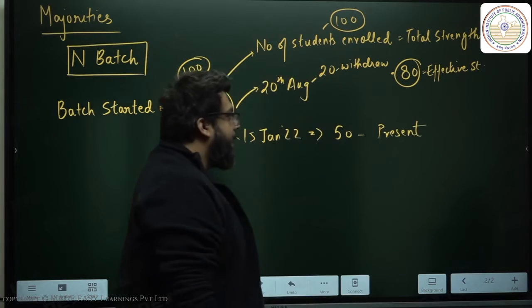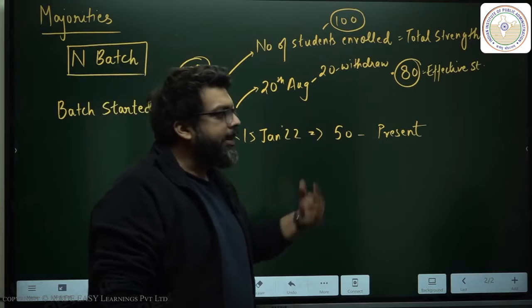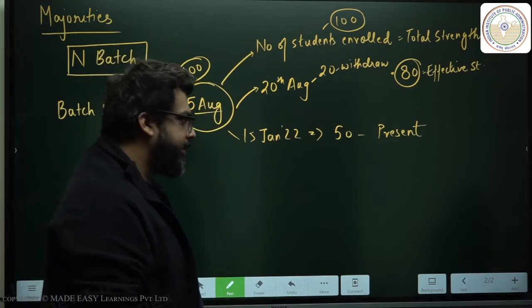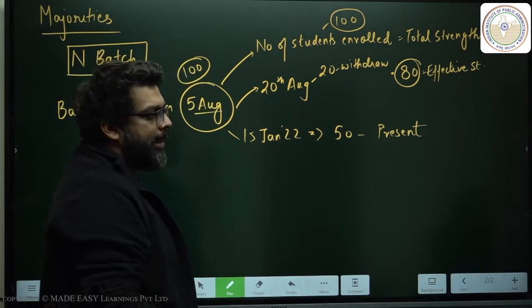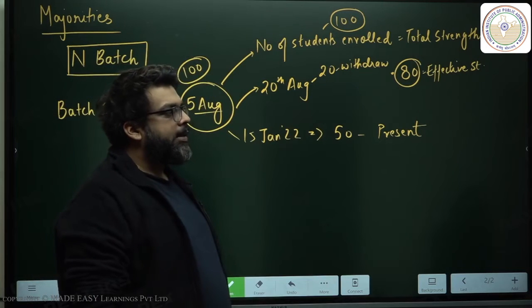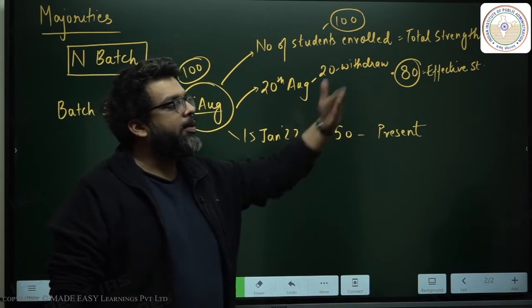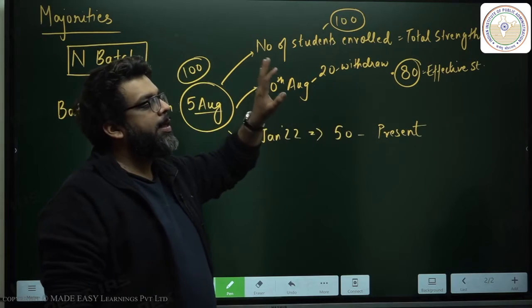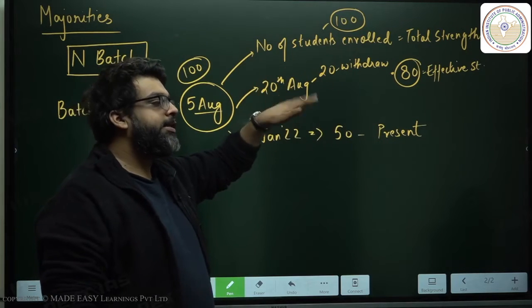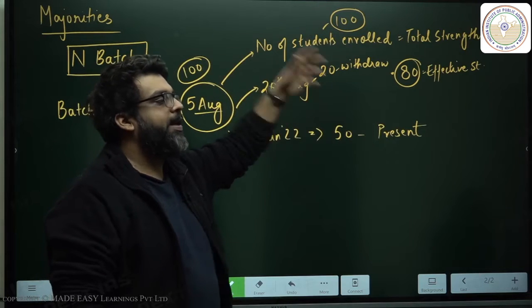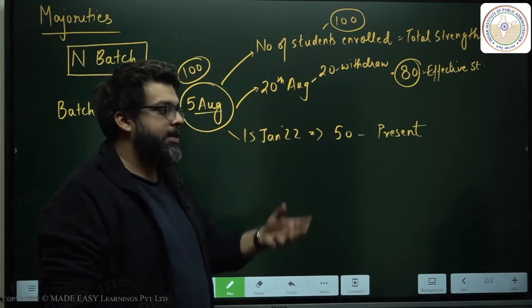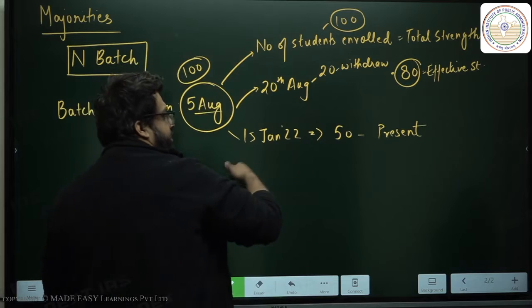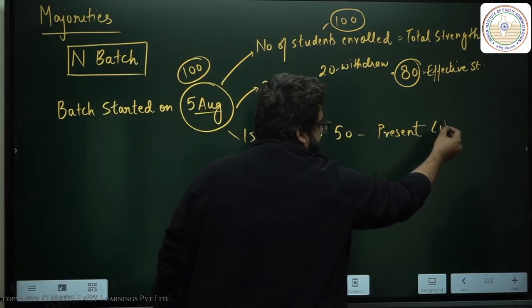I'm going to ask a question to the ones who are present in class: do you think the civil services exam is a fair exam? I'm going to ask it to those who are live attending the class.